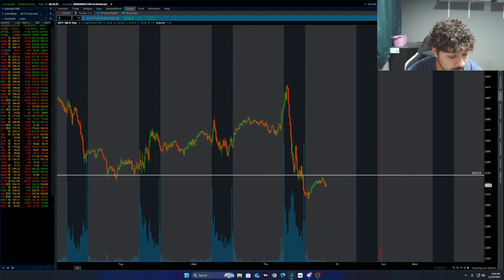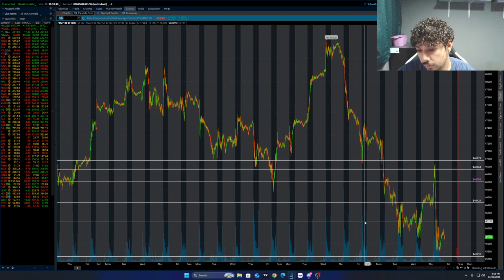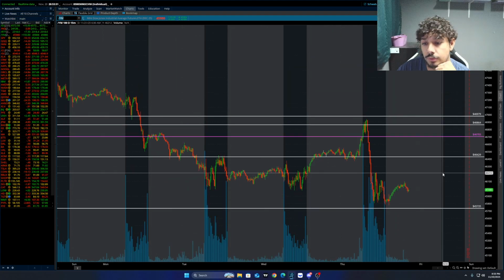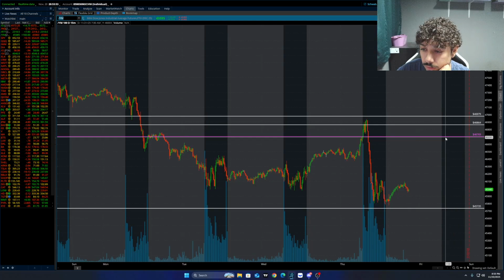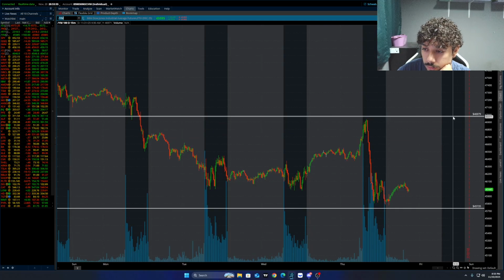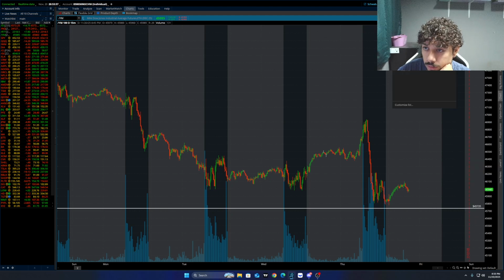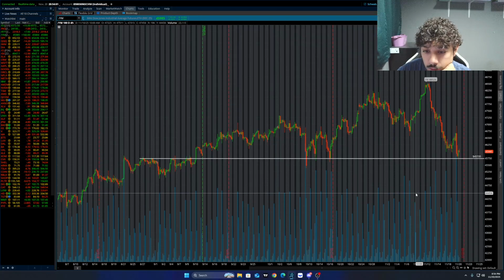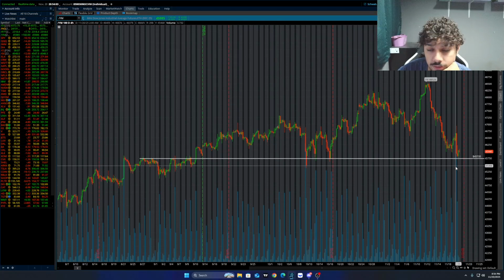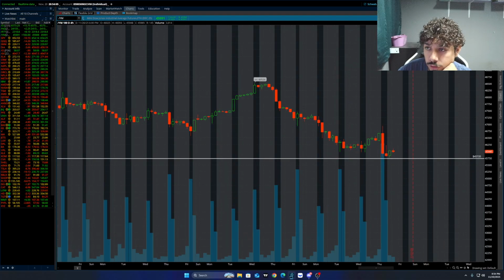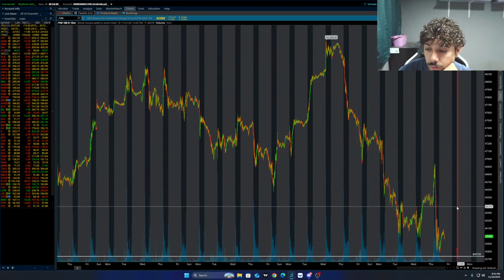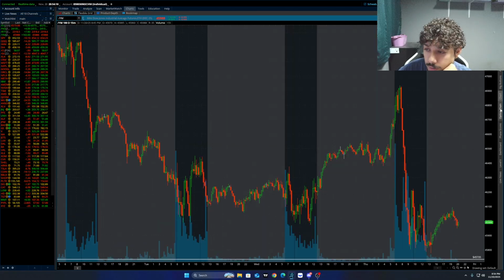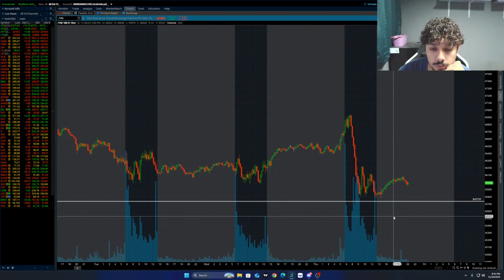YM probably the same thing, or not. Who knows? Nothing much for YM. Let's take out these lines. Okay, let's go up to the 4 hour. Same thing. Bouncing on this level, but all the futures are below their levels, so maybe it will go below, maybe it won't.